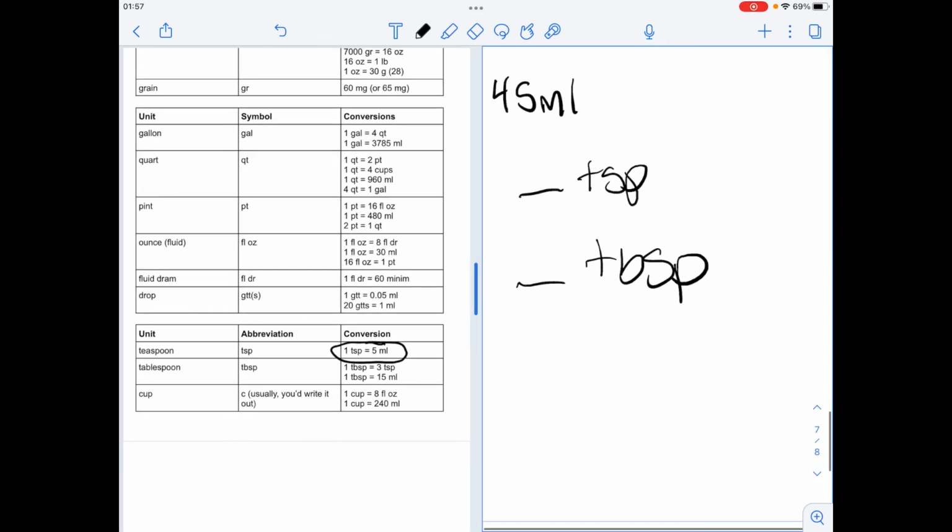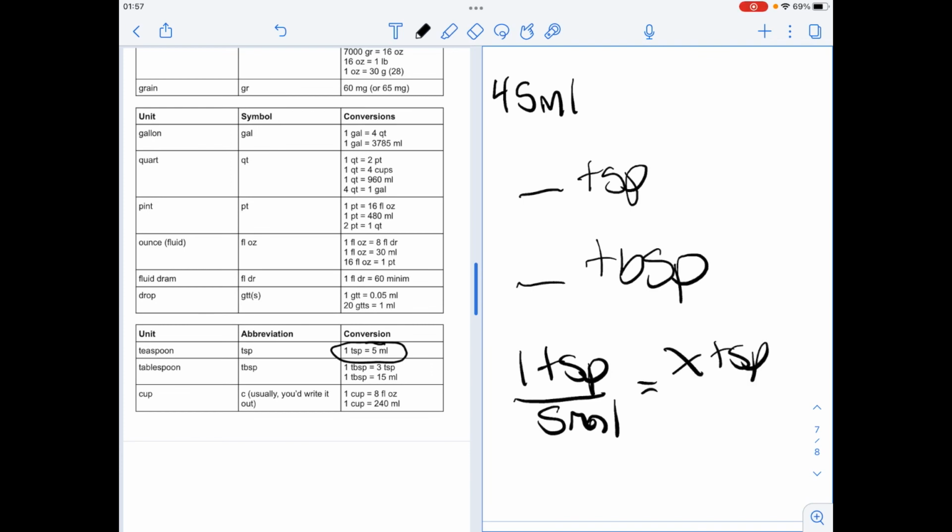So our given here is 1 TSP over 5 milliliters equals X TSP, because remember that's what we're trying to figure out right here, over 45 milliliters, which is right over there.